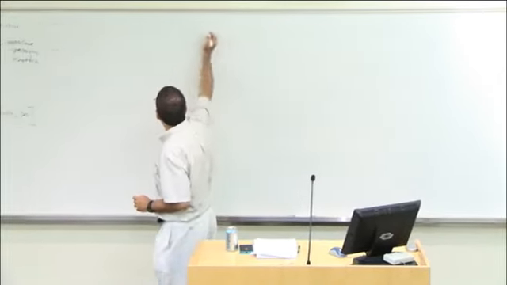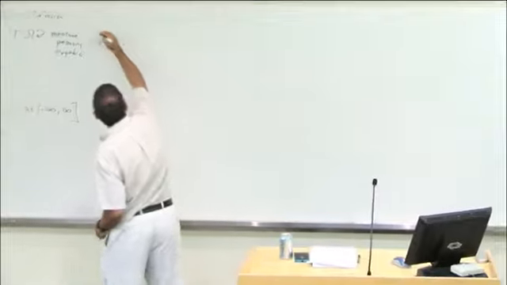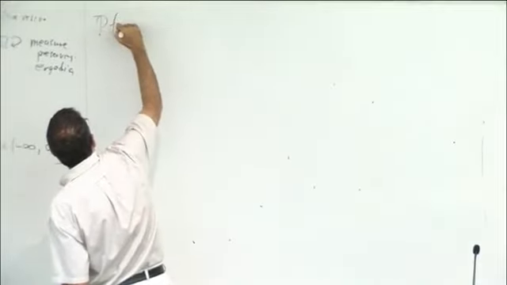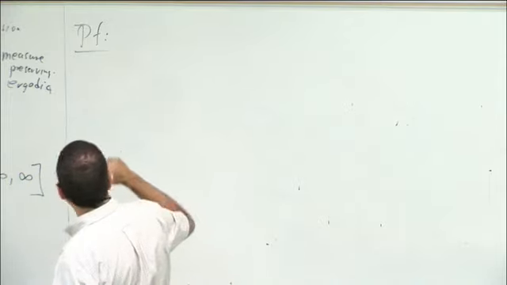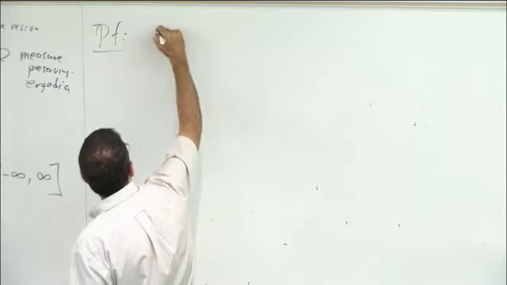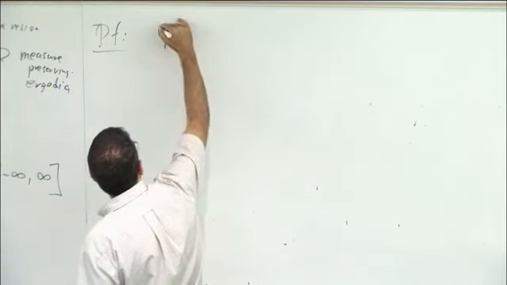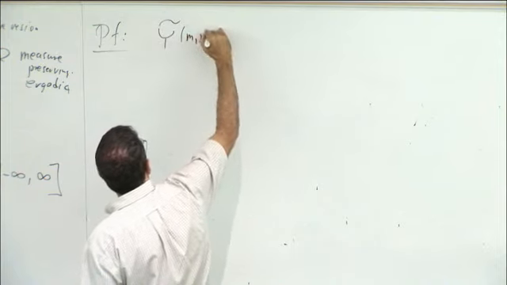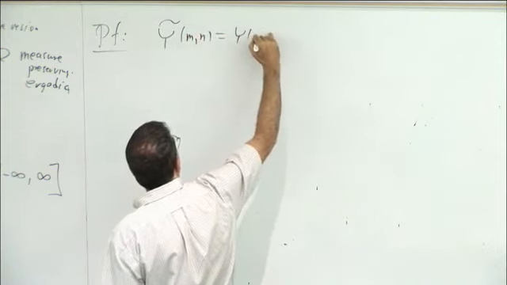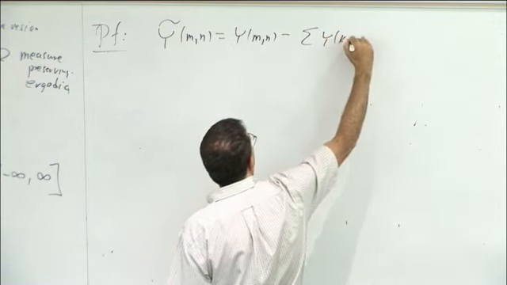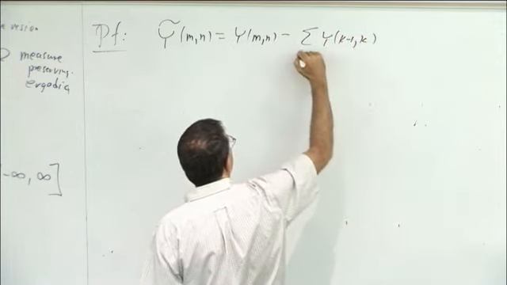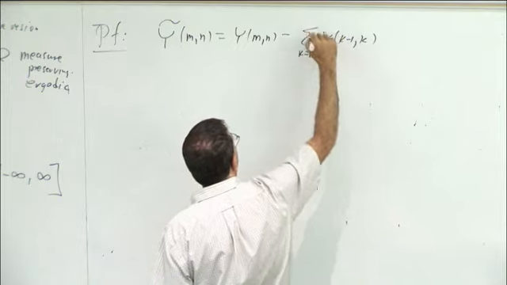First, look at the variables Y tilde mn, which are Y_mn minus the sum of Y_{k-1,k} for k from m plus 1 to n.